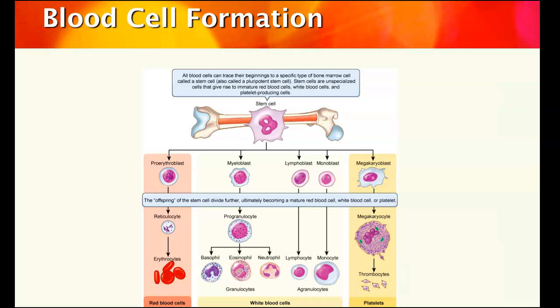Again, this is another picture from your book about blood cell formation. As I was talking about, most of your cells are going to lie within that red bone marrow. And you can see how the cells are actually formed. Down at the bottom left, you can see your red blood cells or erythrocytes. In the middle, as I was alluding to, your white blood cells, which are your granulocytes versus your agranulocytes.